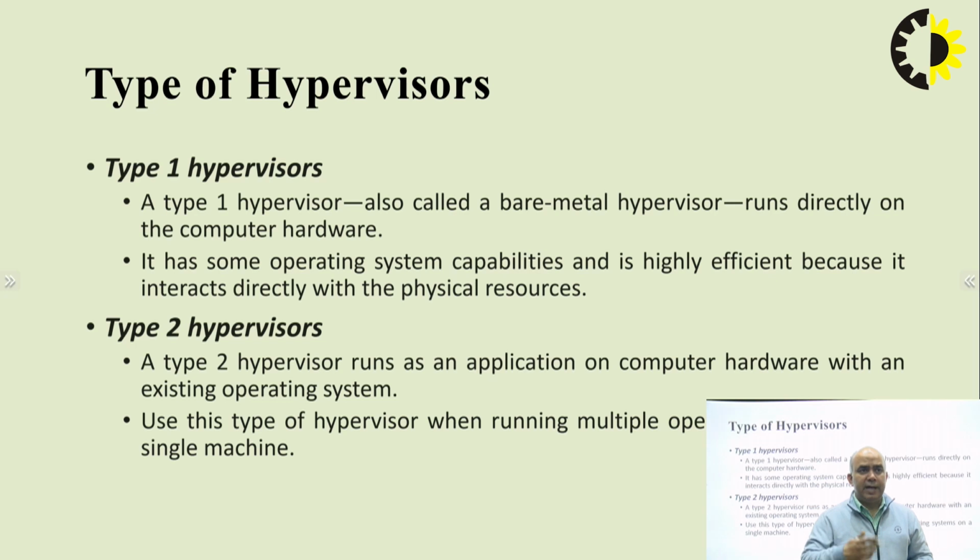So type 1 is the bare metal hypervisor, where we can directly install virtual machines on the given hardware.